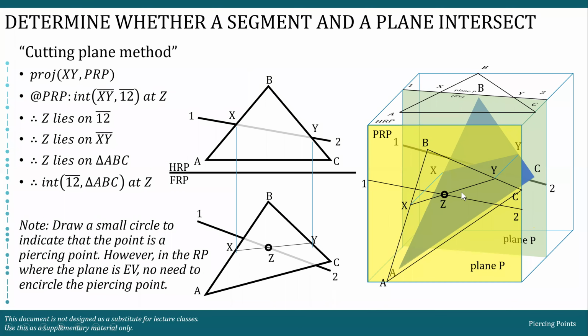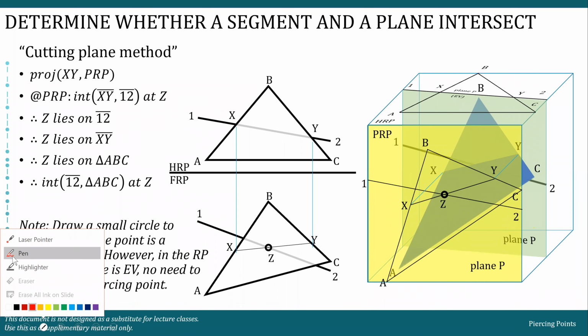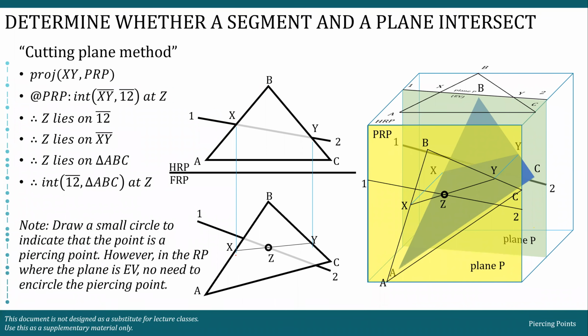Nung binaba natin nung drawing natin yung XY sa front view, makita natin na yung XY at saka yung 1, 2 nag-intersect. Kung hindi nag-pierce yung 1, 2 sa AB, XY nyo could be something like this.